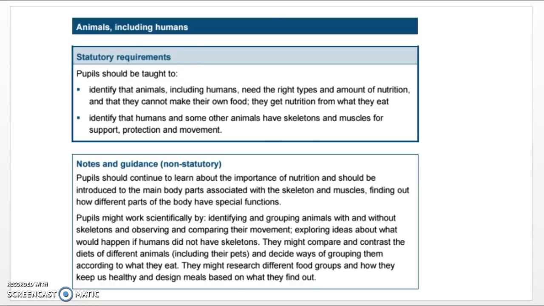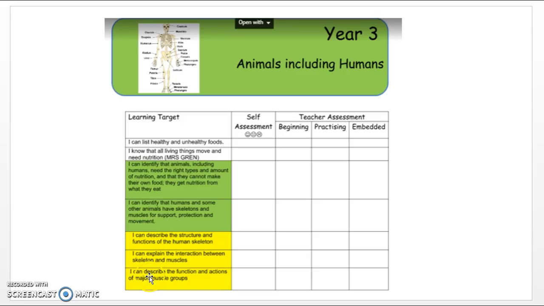And I like to think of this yellow area here perhaps as ways that we could deepen the understanding within that unit. Now, I do have a staff meeting coming up very shortly where we can, as a staff, look at ways to deepen and come up with ideas of ways to deepen the learning in the units. But for now, I think it's a good start.